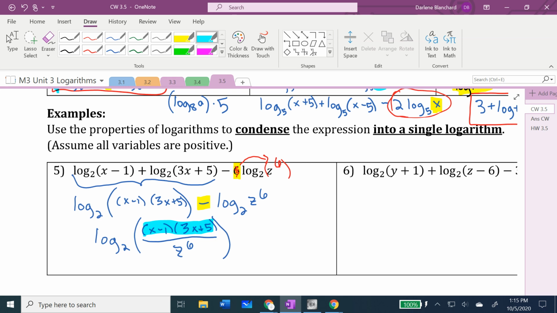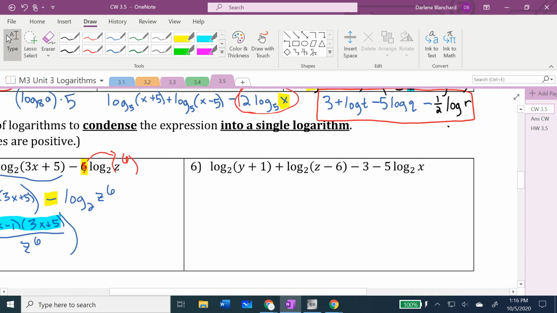If you decide you're not going to, you can also. This just asks you to condense. Condense means everything winds up inside that logarithm. Everything is now inside the logarithm. That is good enough. You can stop there.